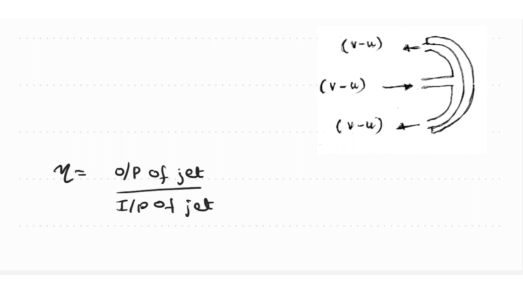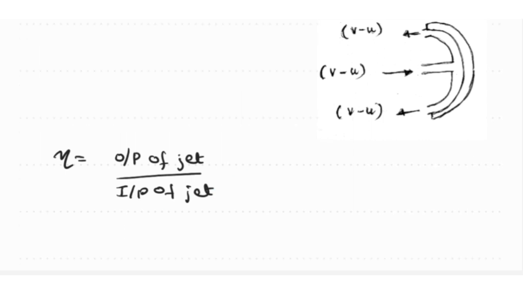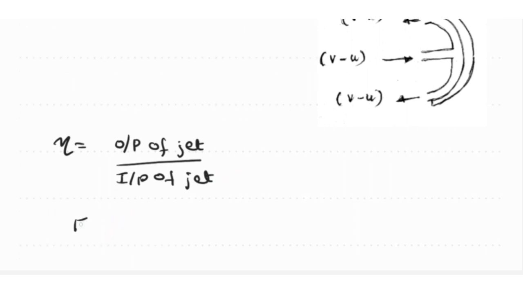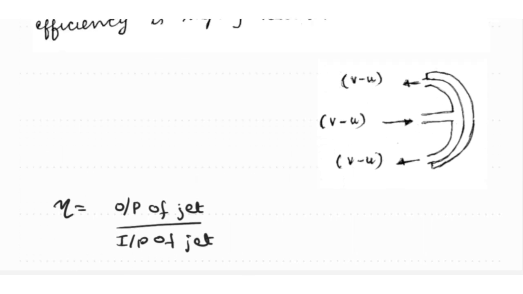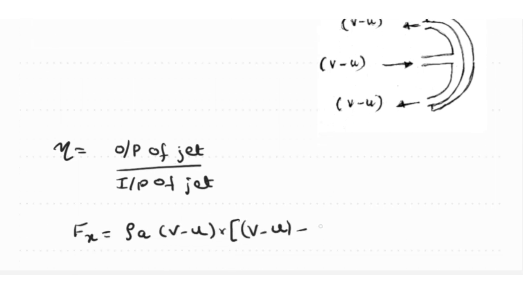Output of jet is nothing but work done. Work done is nothing but Fx into u. So I will write here Fx is equal to rho into a into the velocity v minus u, into the initial velocity before striking, v minus u, minus the final velocity. You can see it is leaving with the velocity v minus u but in the opposite direction, so it is minus of minus v minus u.